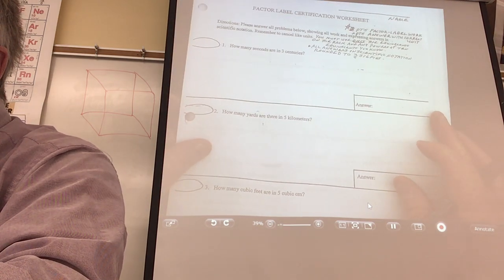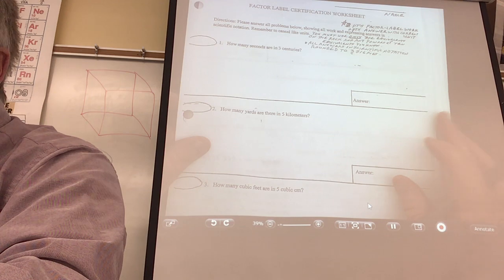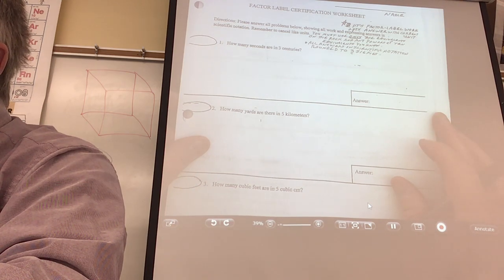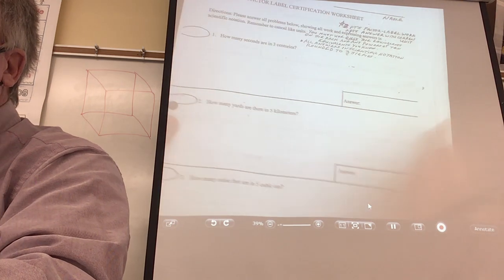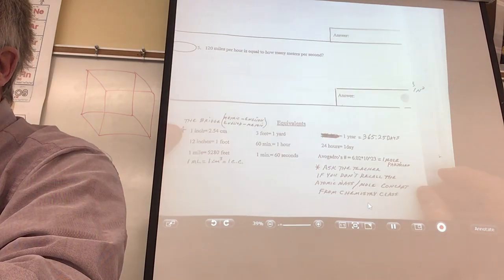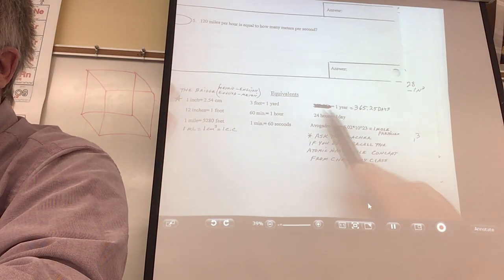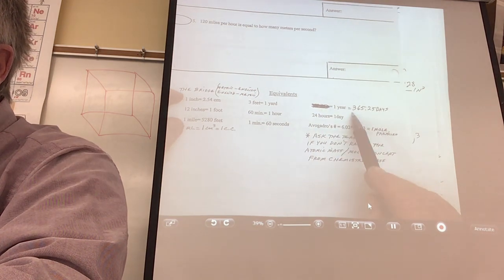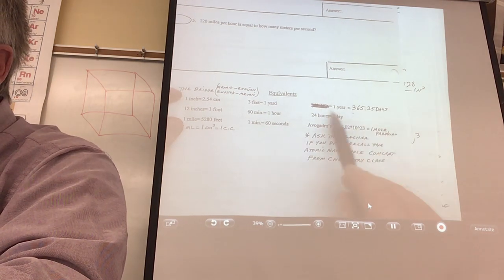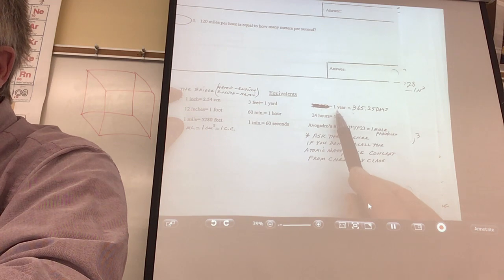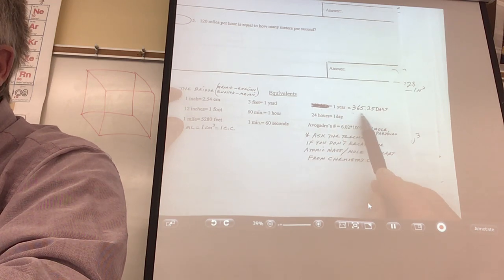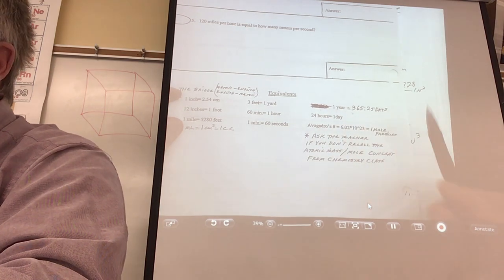And the next thing I want you to do is flip it over. When I had somebody type this for me, they said 1 year is 365 days. I want you to change that to 365.25 days. So on the back, over here where it says 1 year equals 365, put 0.25 days, all right?